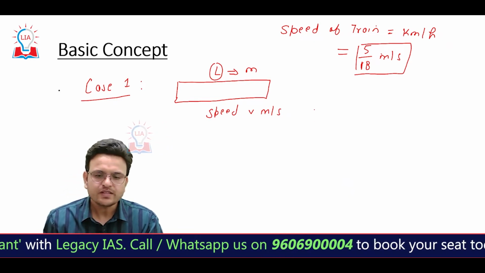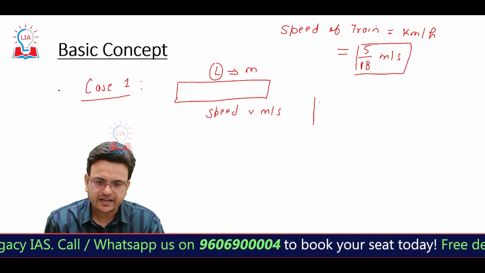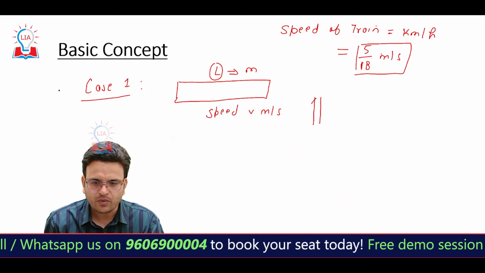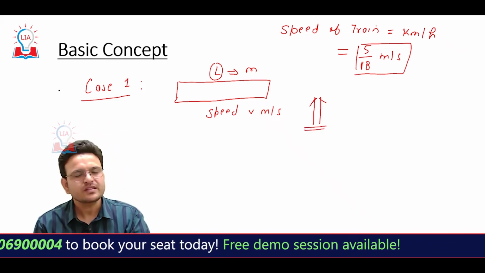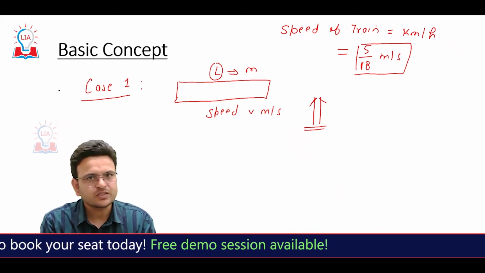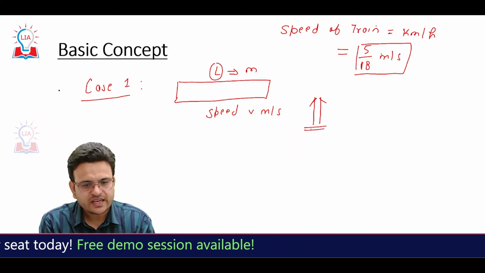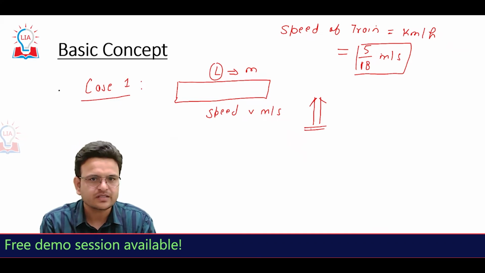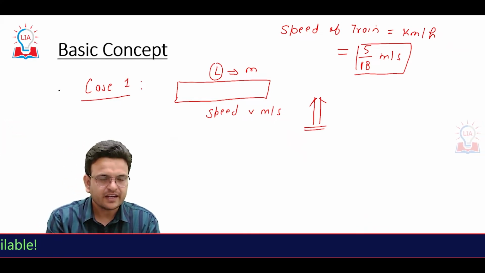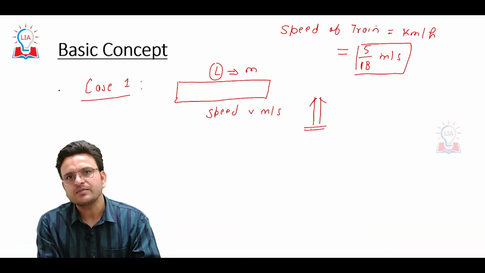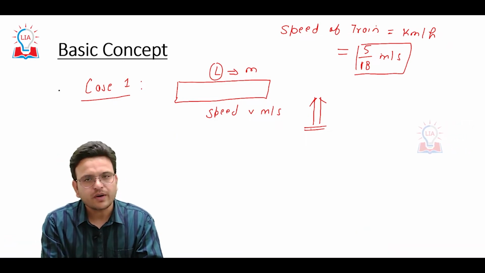How much time will this train take to cross a pole? So the first type of question is based on a train which has a speed of v meter per second and length of L meter. How much time will it take to cross one pole?